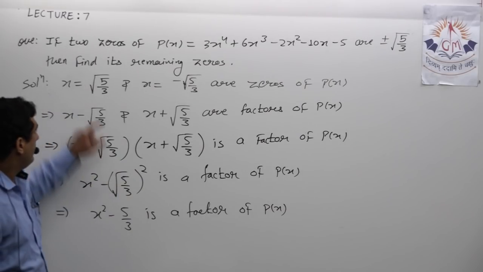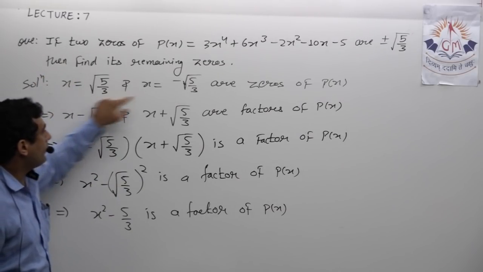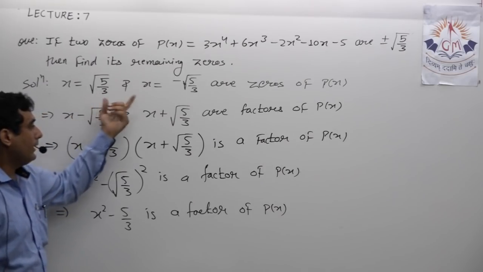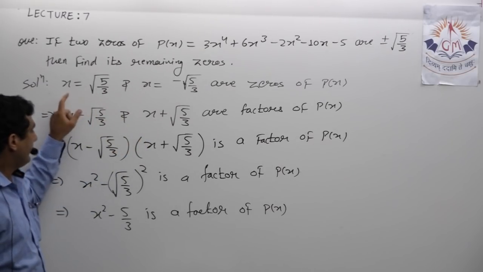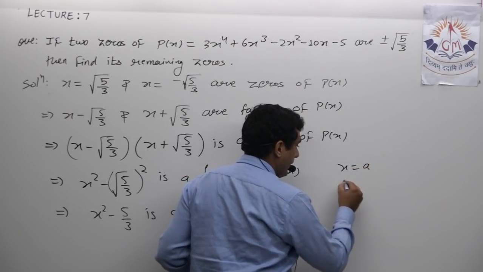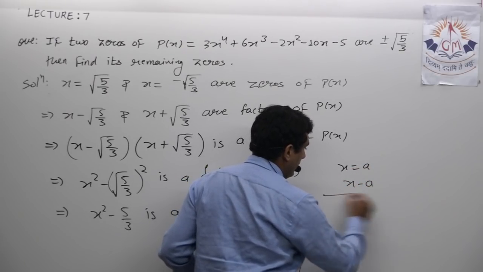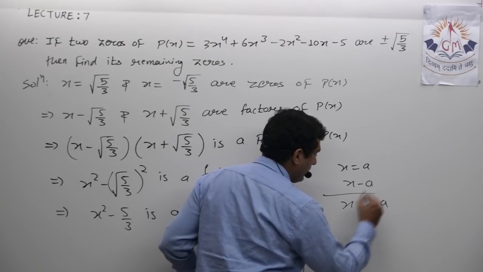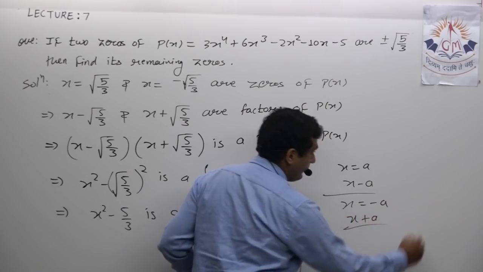Starting from this, these two are the zeros. Here I actually use the factor theorem. The factor theorem says if x equal to a is a zero, x minus a is a factor. If x equal to minus a is a zero, then x plus a is a factor.